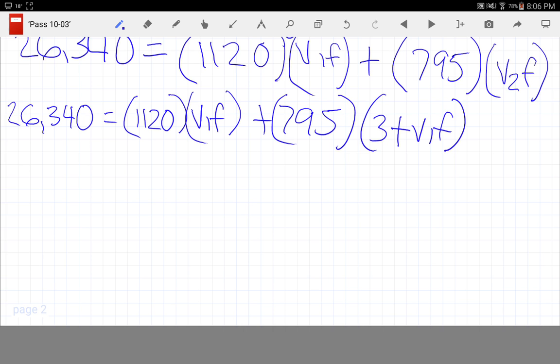Okay, so what's your next step here? Start consolidating and put stuff together. Okay. So how do you want to consolidate first? I did my 795 times my 3. That's like the easiest for me to do. Yep, that's appropriate. I can go through and write this out step by step.